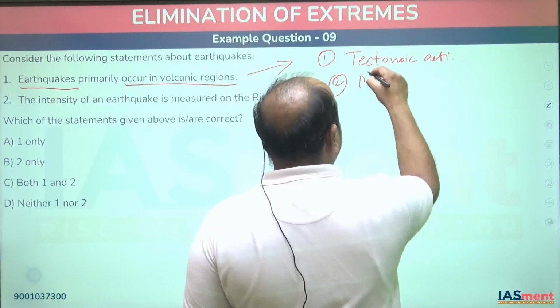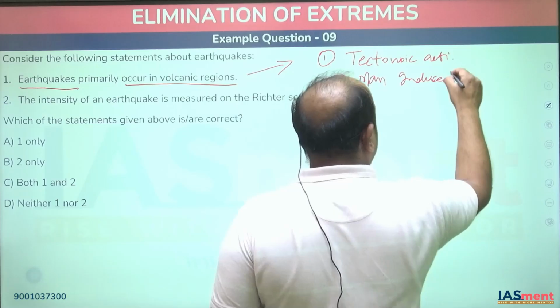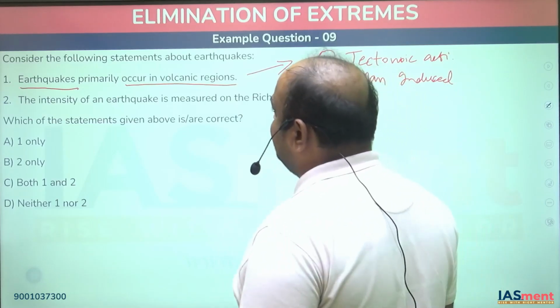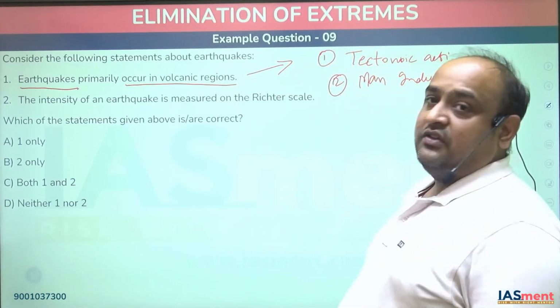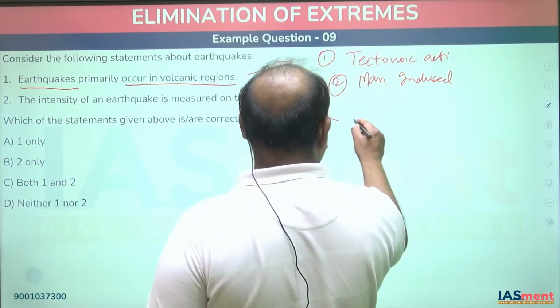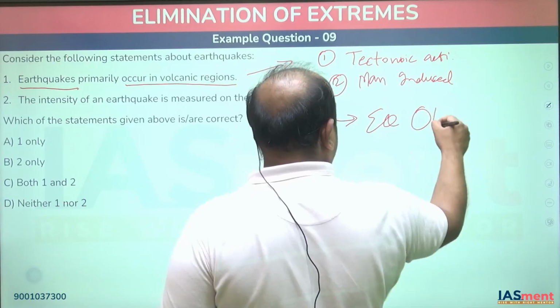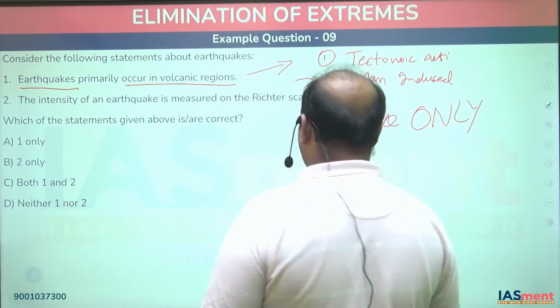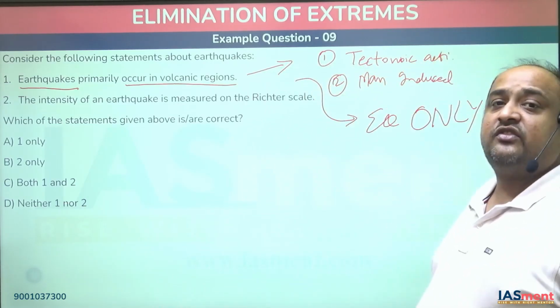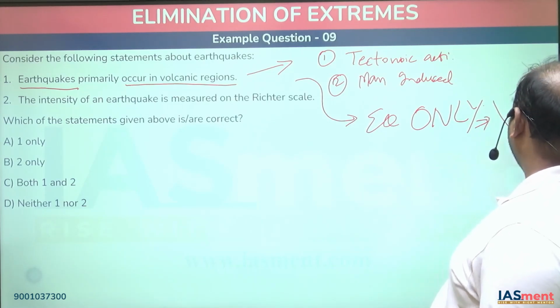Second, man-induced. So what we can say is earthquakes सिर्फ volcanic regions में होती है क्या? नहीं. If this option would have been crafted like this, कि earthquakes only occur in volcanic regions, then this statement would have definitely been a wrong statement.